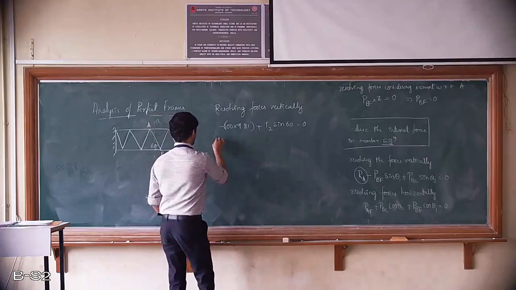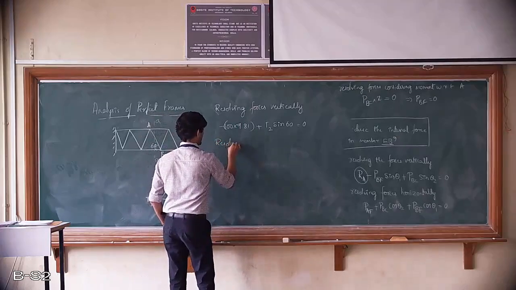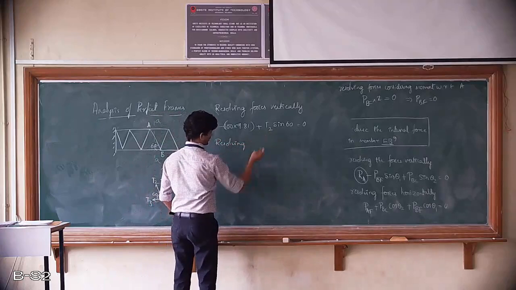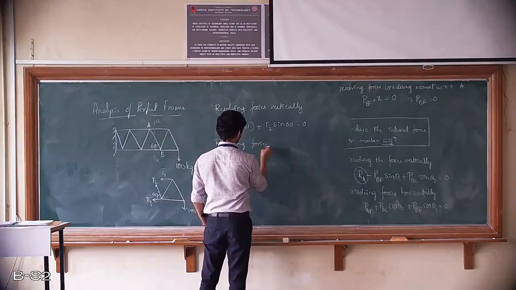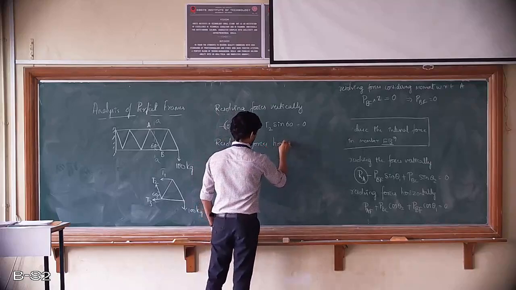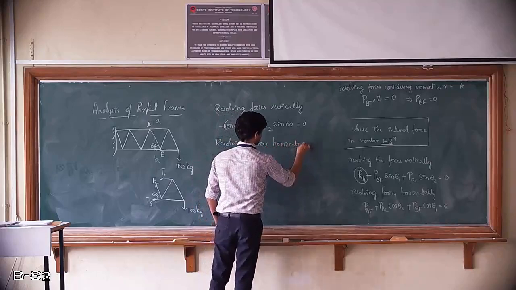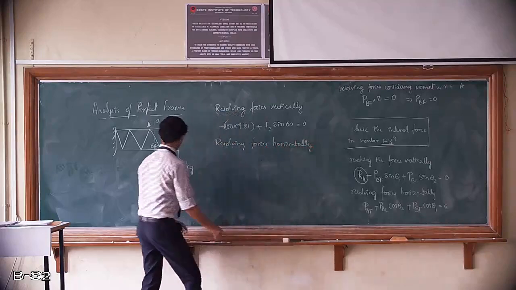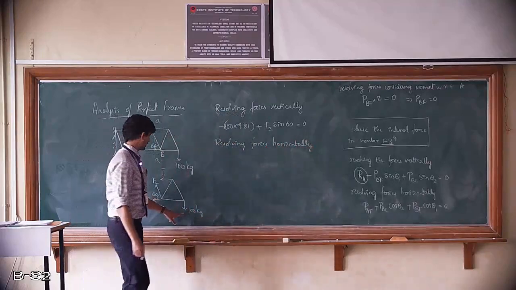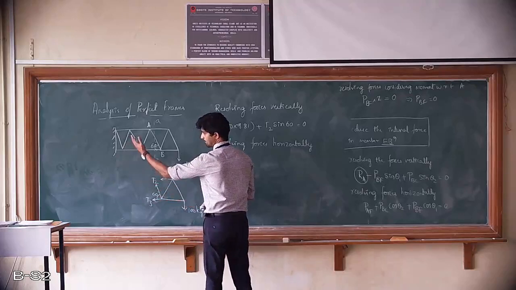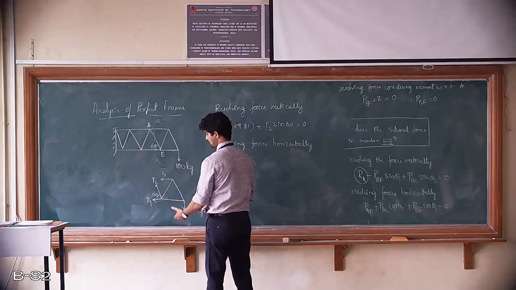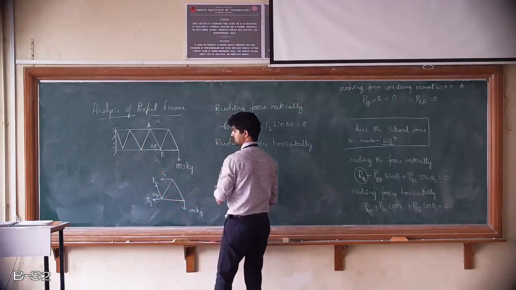Okay, now let us consider the next equation. I am just telling you the method, whereas this equation will give you the solution for this particular problem, but still let us consider resolving forces horizontally. What will the equation look like? In that case, this 100 kg we cannot consider, whereas if a force is acting on the left side I consider it positive, and if it is acting on the right side, it has to be negative.